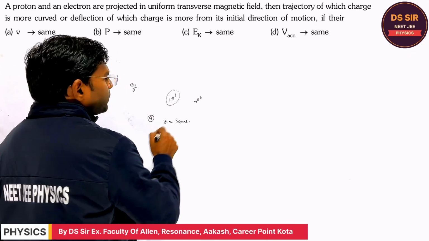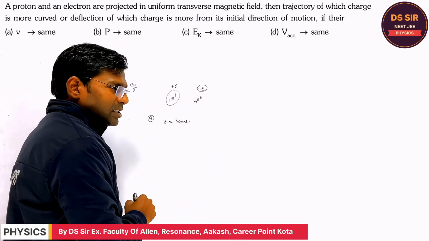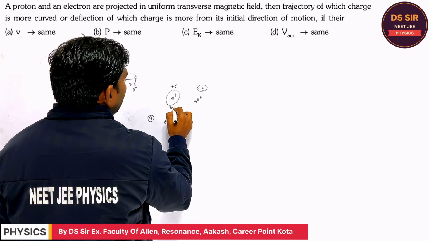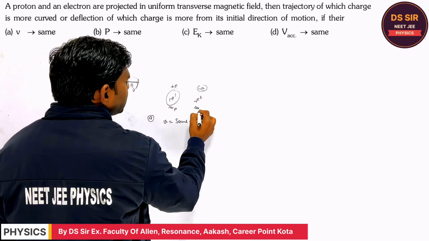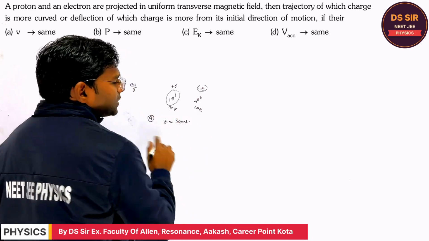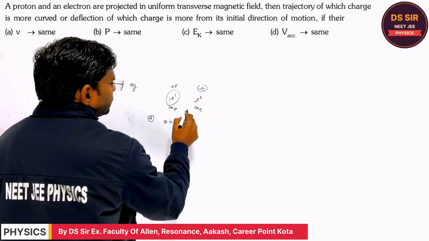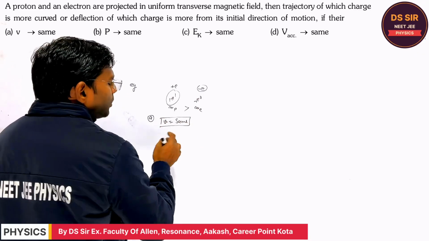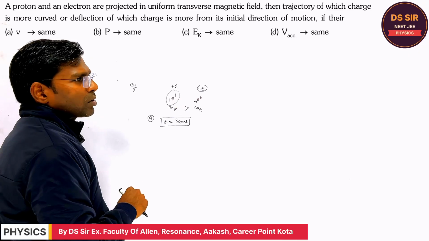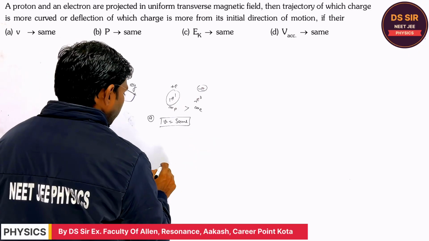This is the proton with plus E charge, and the electron with minus E charge; mass is proton mass and electron mass. So whose mass is more, proton or electron? You tell. Proton. If the speed is the same, whose deviation is more?